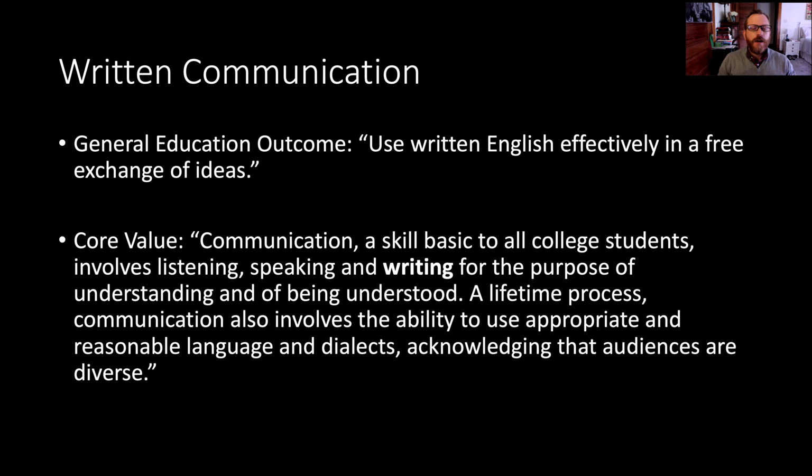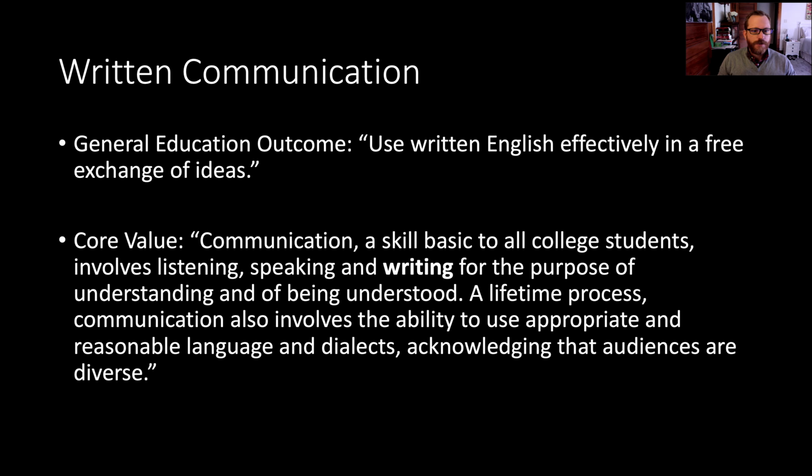All right, so when we talk about written communication, we have two different forms. First, the definition comes from our general education outcome, which is using written English effectively in a free exchange of ideas, and that is just really broad and open. We also have communication, specifically oral and written communication, as a basic skill for all college students, and that involves listening, speaking, and writing for the purpose of understanding and being understood.